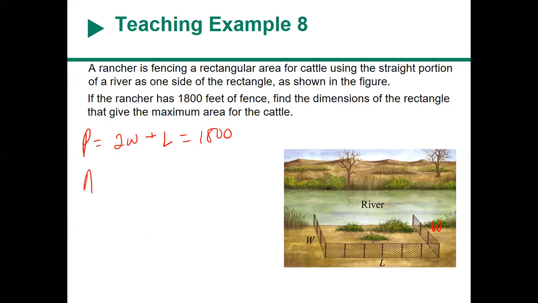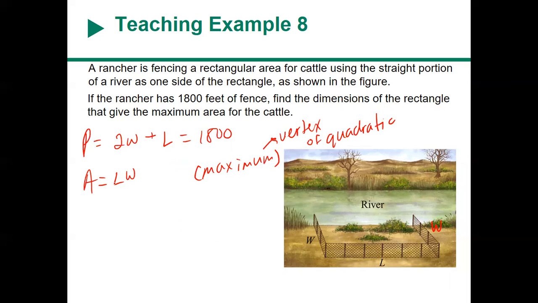Well, how do you find the area of a rectangle? Length times width. Okay, and if I want to know my possible maximum area, that means that there has to be some form of a maximum to look at, which means that basically I'm looking for the vertex of our quadratic in this one.